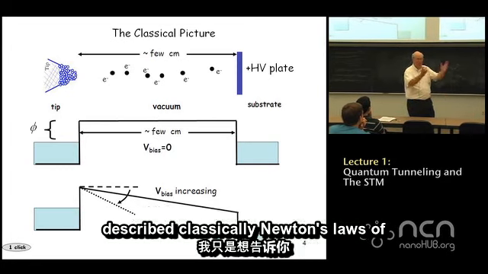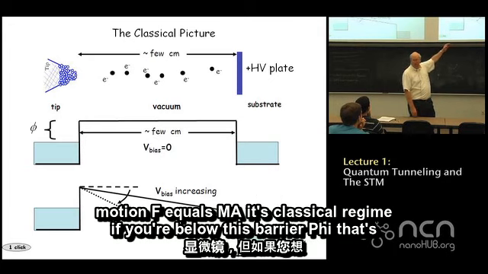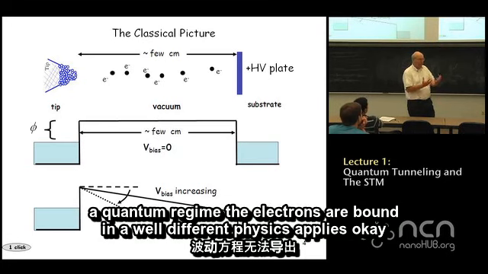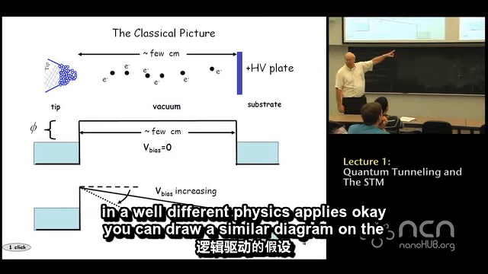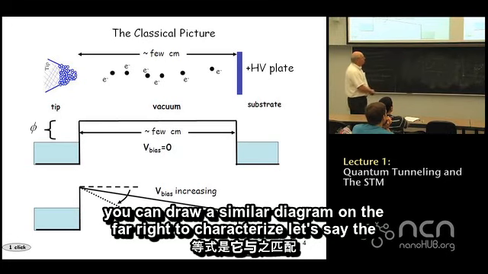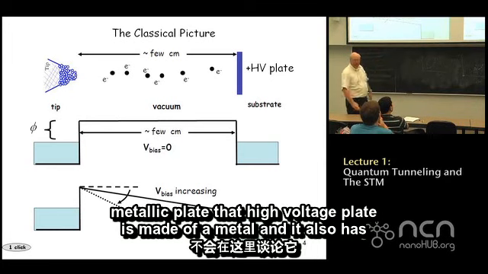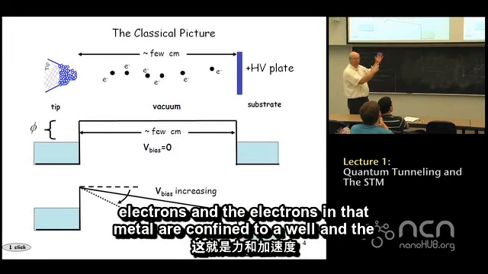Newton's laws of motion, F equals ma. It's the classical regime. If you're below this barrier phi, that's a quantum regime. The electrons are bound in a well. Different physics applies. Okay? You can draw a similar diagram on the far right to characterize the metallic plate. That high voltage plate is made of a metal. And it also has electrons, and the electrons in that metal are confined to a well.